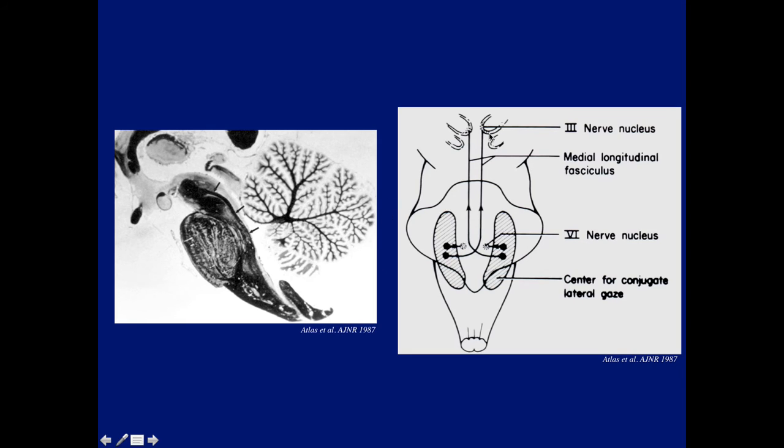And as you can see in this diagram, this is the MLF, the medial longitudinal fasciculus, kind of communicating the third nerve nucleus to the opposite sixth nerve, which I'll be covering in the next talk. And why I'm talking about MLF today, you'll see in a minute. So there's some interruption of these fibers in the MLF causing the symptomatology.